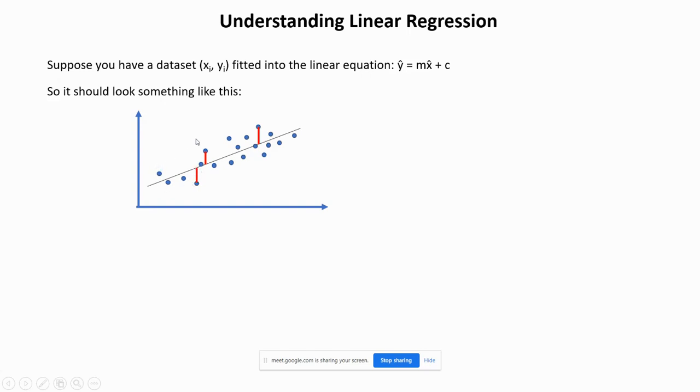So if I algebraically sum up all of these vertical lines, just imagine that there are many vertical lines, I have just drawn three for the sake of clarity, the positives may nullify the negatives. So overall, I may get zero error. It is possible, right?